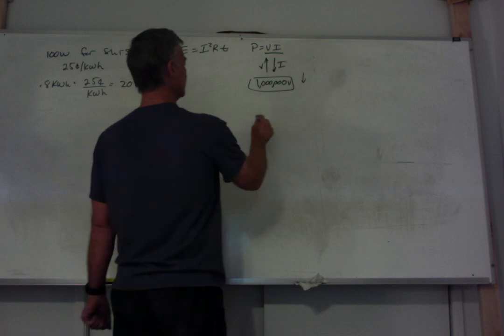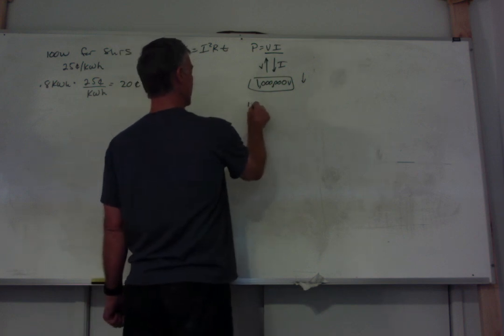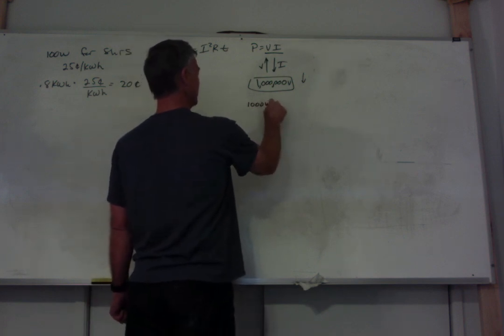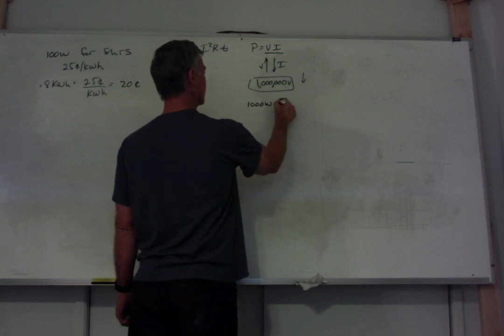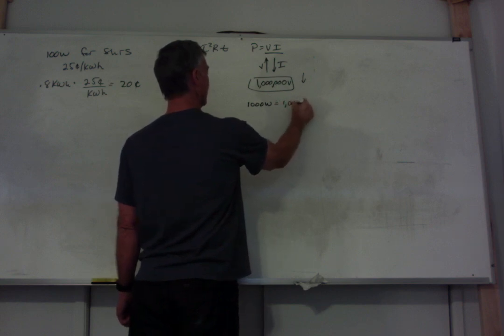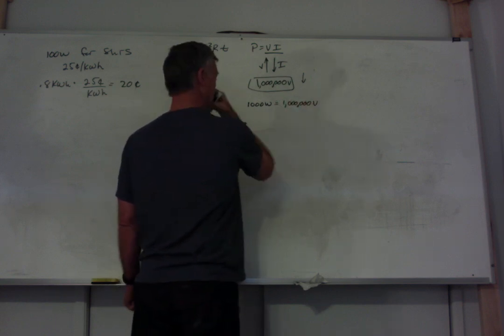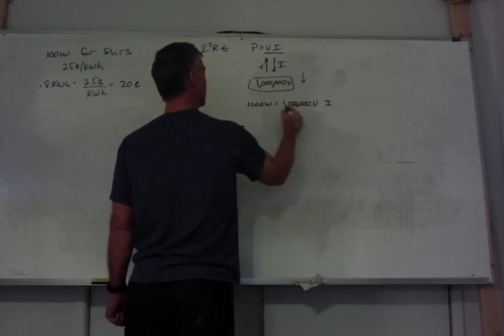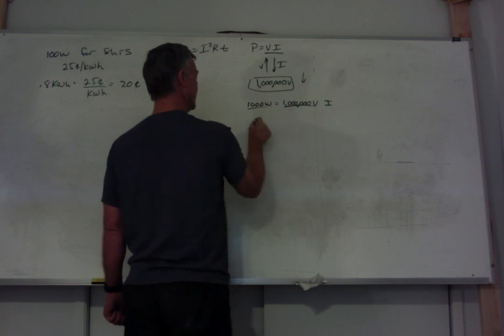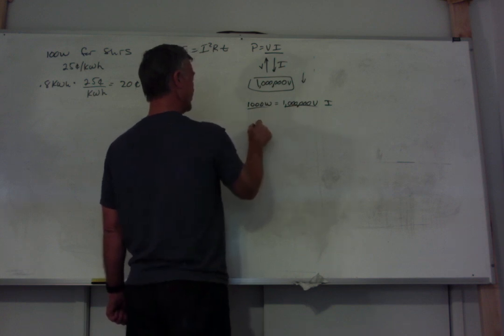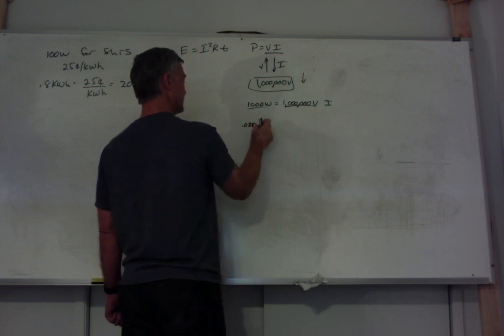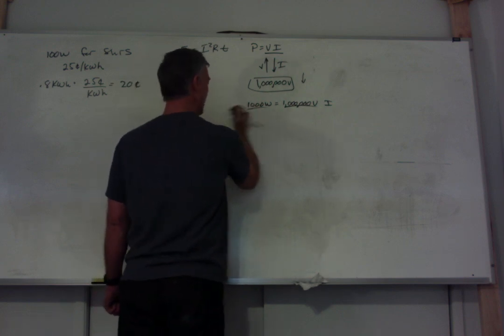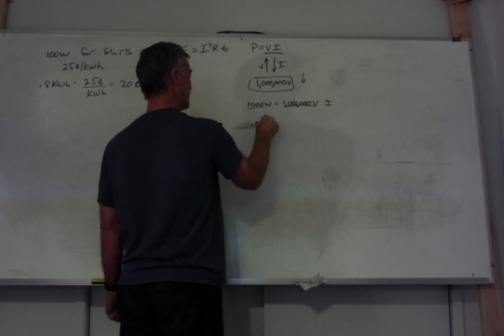Let's just for numbers say that we were working with 1,000 watts. By the way, it would be more than that, but 1,000 watts and 1,000,000 volts. We divide that to find the current. 1,000,000 on each, and this will be 0.001 amp.